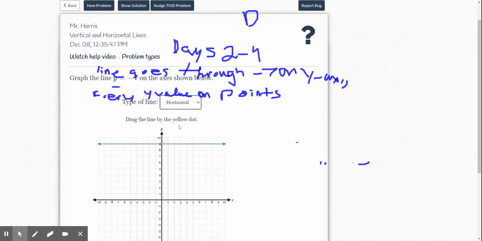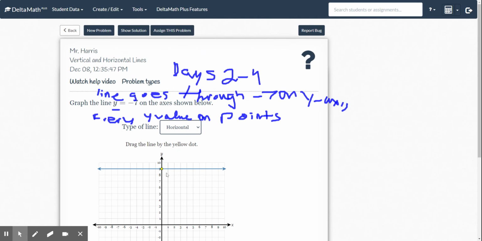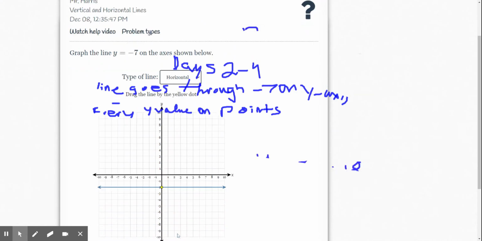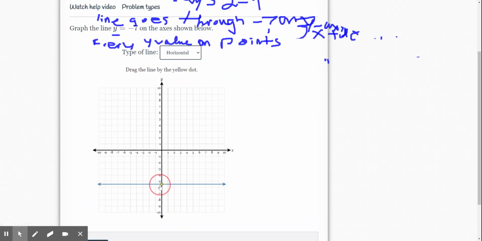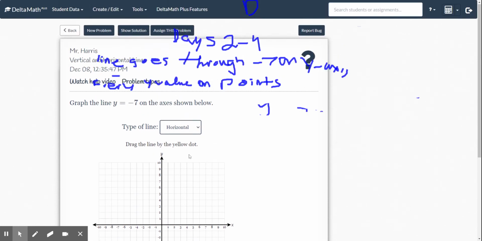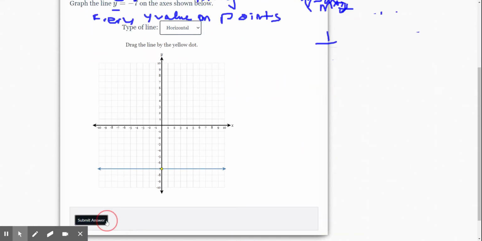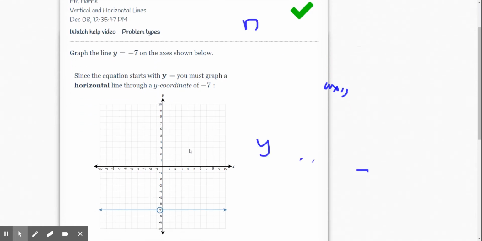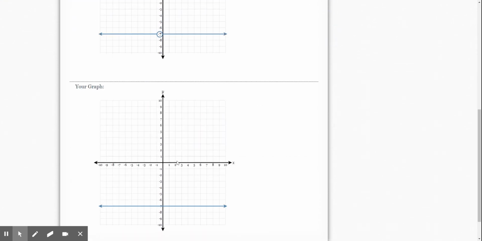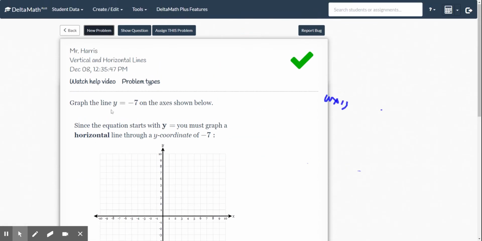That's definitely a horizontal line. And if it's going through -7, I'm going to drag this down. Boom, right through there. Let's see if we got it right. Yes, sir, or ma'am. We got it.